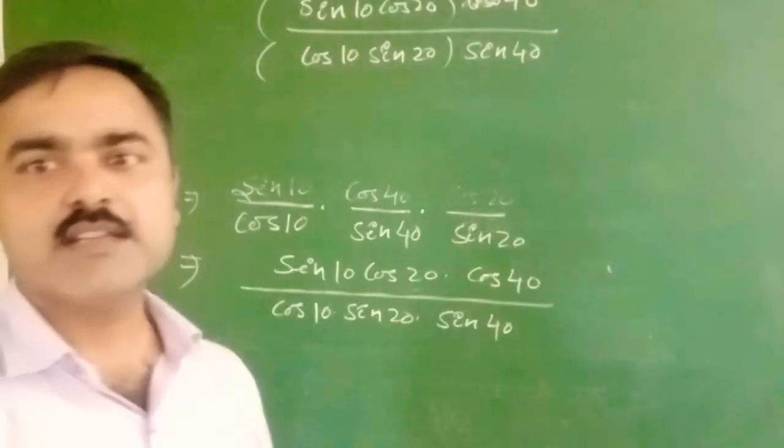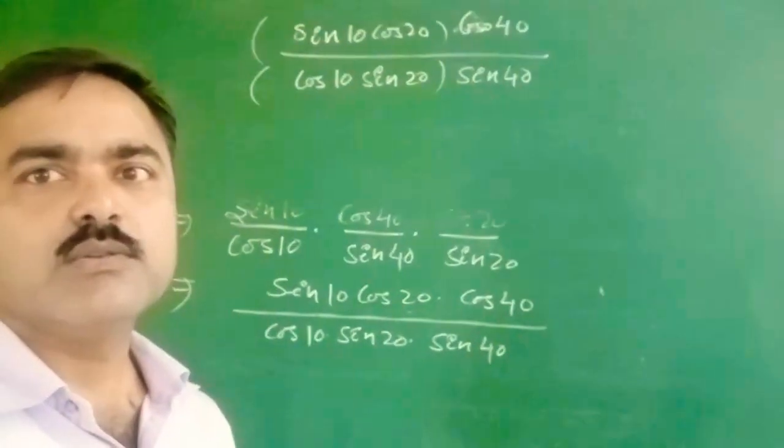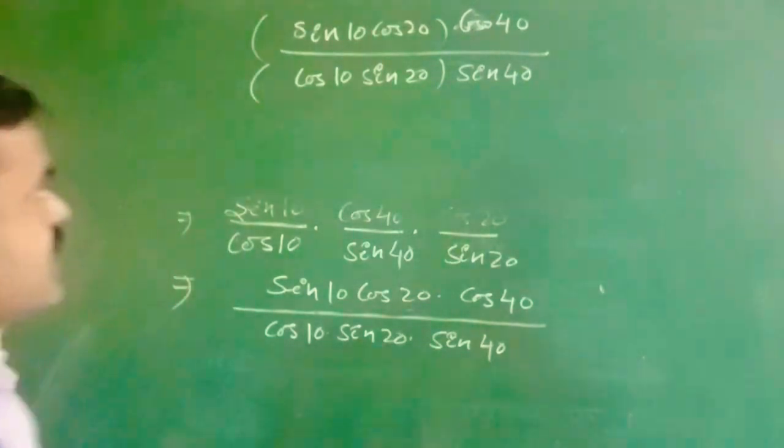Now how can you make this in the form of 2 sin A cos B or 2 cos A sin B?